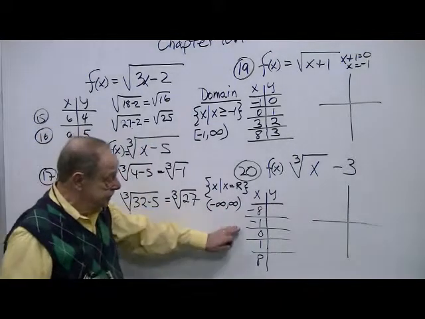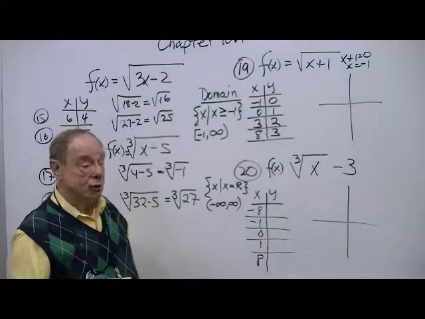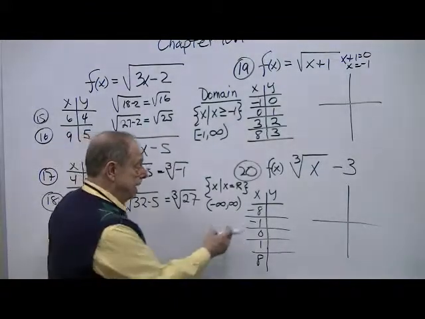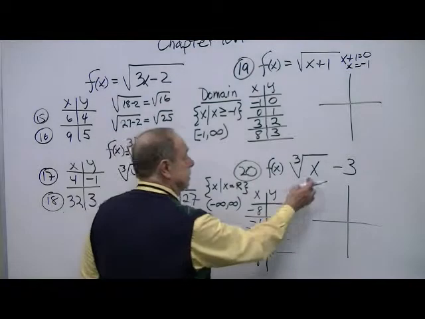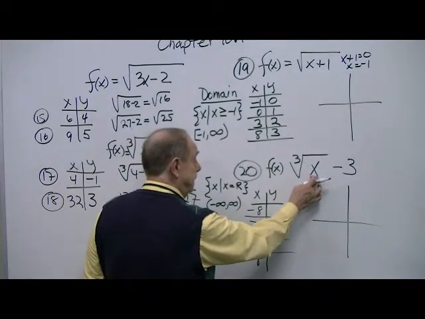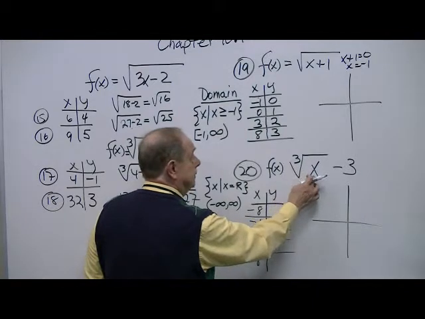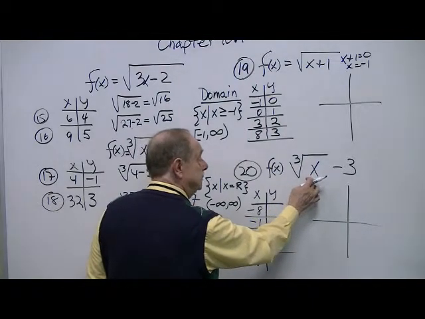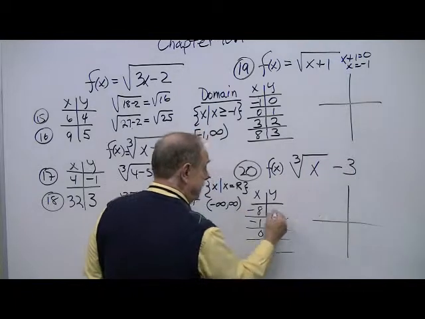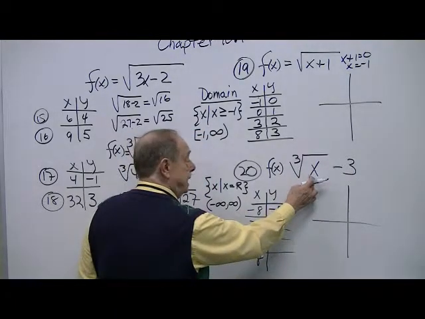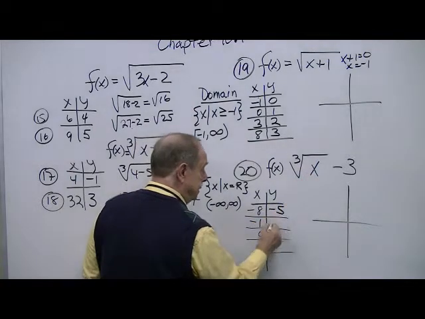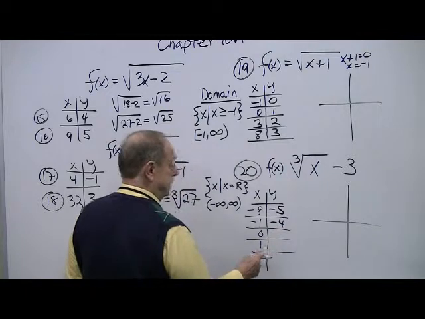Now I've chosen some points to start the graph, and I've made these all perfect cubes. So if this is a -8, cube root of -8 is -2, -2 and -3 is a -5. This is a -1, cube root of -1 is -1, this is a -4.